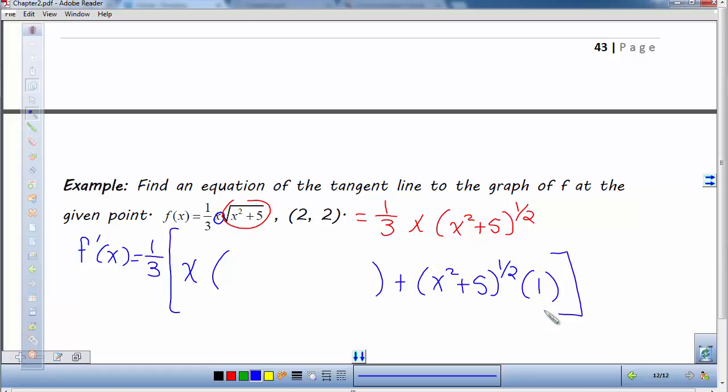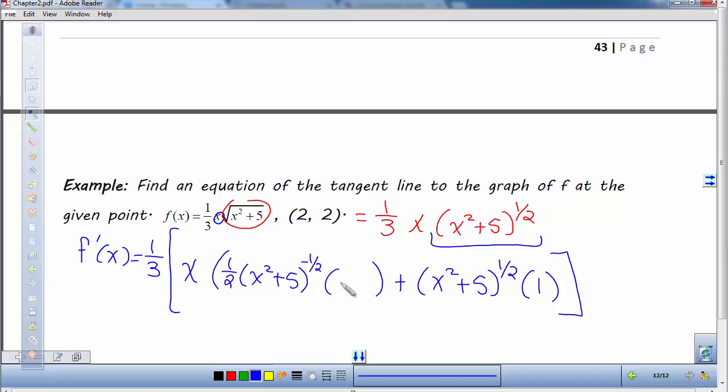So what's the derivative of the second? This is my second. 1/2. Is that it? Times 2x.